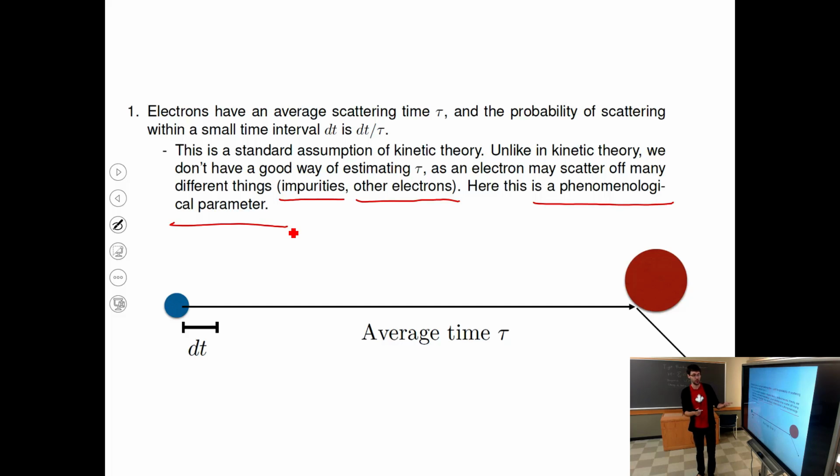Now, once we have gotten some kind of measure of this scattering time, we could later compare it to what we have in a solid: how many impurities, if we know how many we have, how many crystalline defects, which are probably scattering centers, and what is the likelihood of electron-electron scattering.